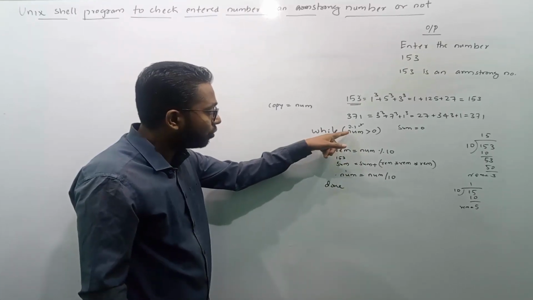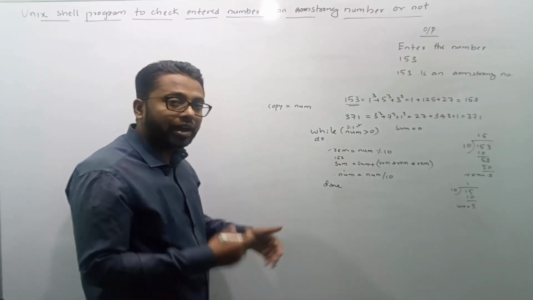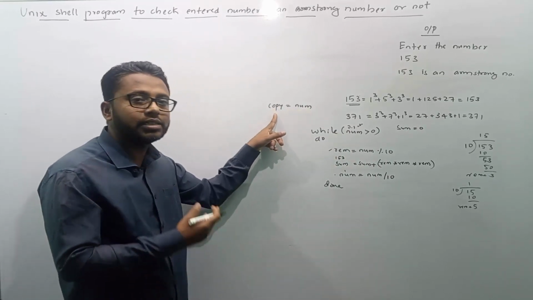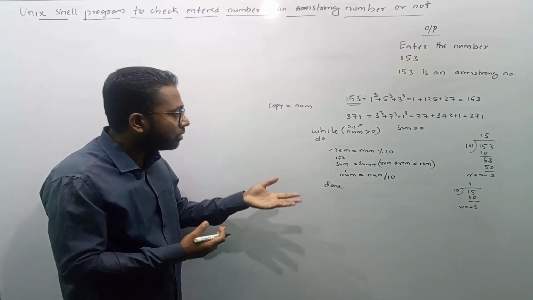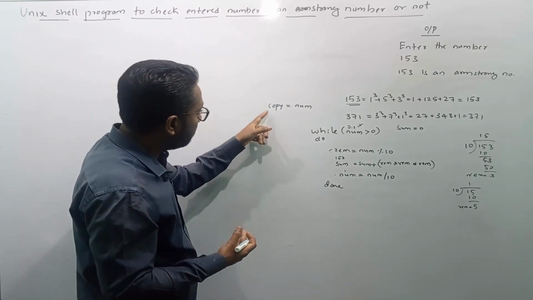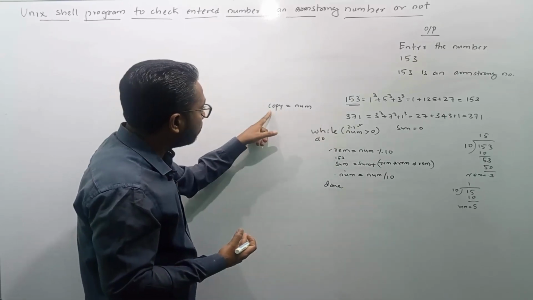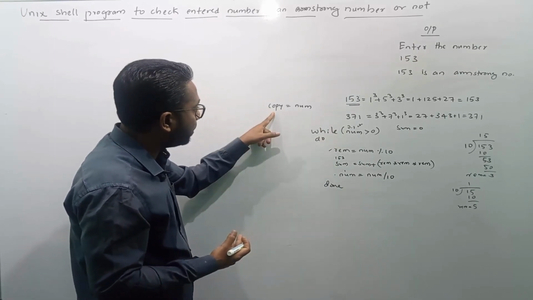Num value has changed to 0.1 now. So that's why at the very beginning itself we need to make a copy of num in some another variable. Let us say the name of that variable is copy, so that at the end we can compare the value of sum, which is 153, with the variable copy.